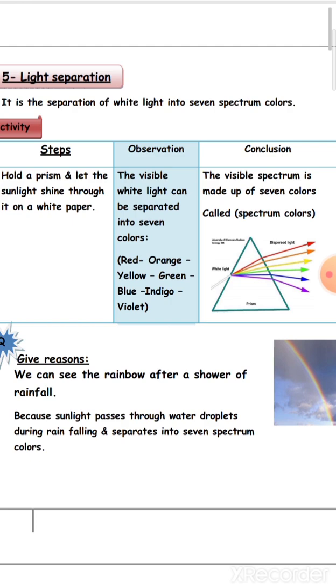We will remember them by the word ROYGBIV. R for red, O for orange, Y for yellow, G for green, B for blue, I for indigo, and V for violet. ROYGBIV. Red, orange, yellow, green, blue, indigo, violet.